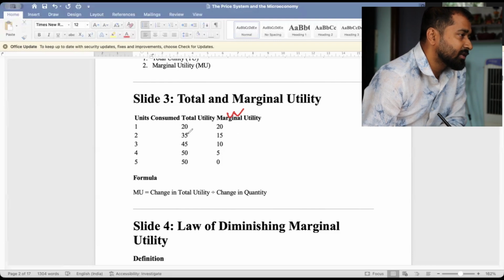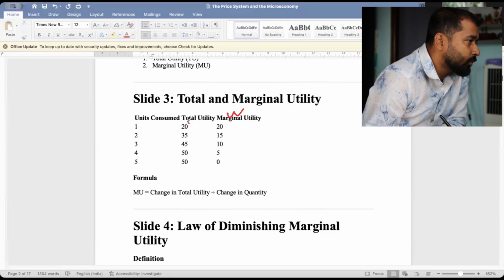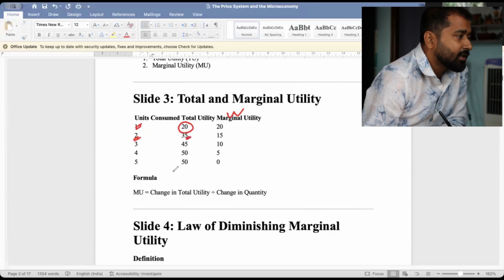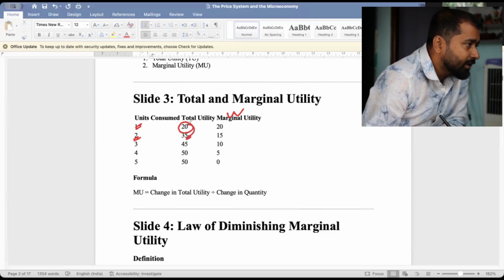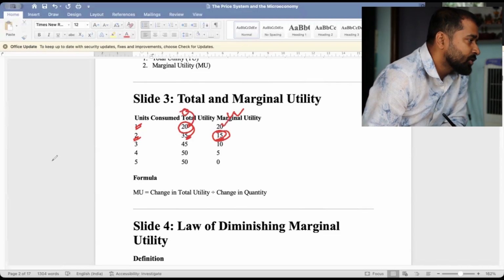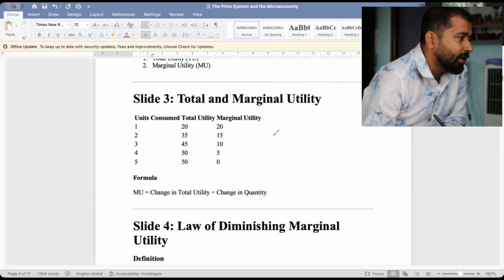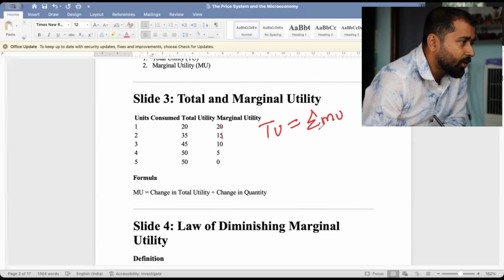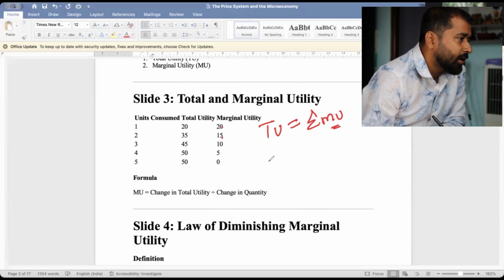For example, for the first unit the total utility is 20, and for the second unit the total utility is 35. Now 35 minus 20 is 15, so the marginal utility is 15. For the first one, 20 minus nothing, that is 0, gives 20. So I can convey that total utility equals sigma MU, that is the addition of marginal utility.